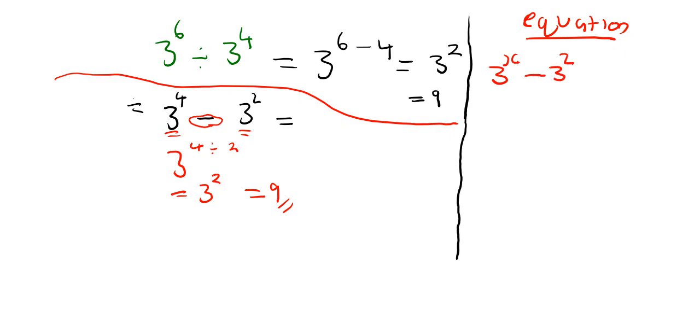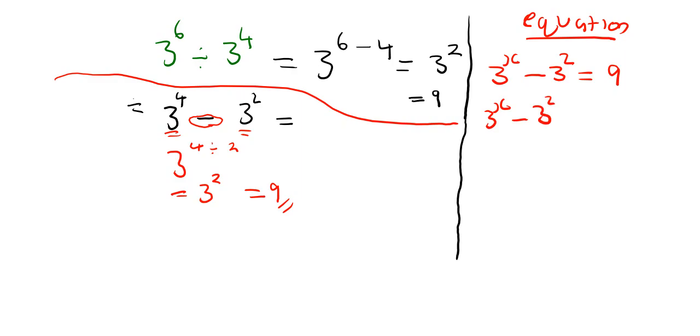There is a rule. When you're dealing with equations, the first thing that you're supposed to do is make sure that the bases are the same. So we already have 3 to the power x minus 3 to the power 2. But how can you write 9 in terms of 3? We know that 9 is as good as writing 3 to the power 2, isn't it?